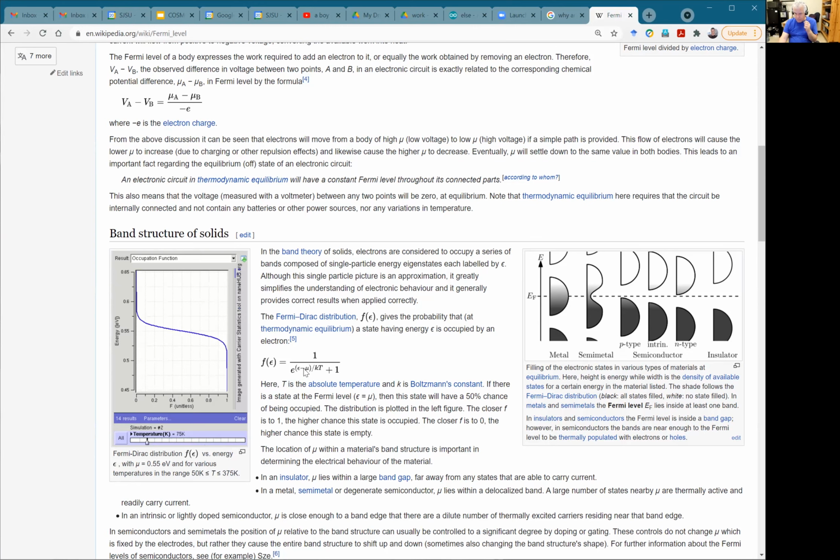Otherwise, you've got this function where at T equals 0, you've got 1. And this is for E equals mu, the Fermi level right here, which is 0.55.